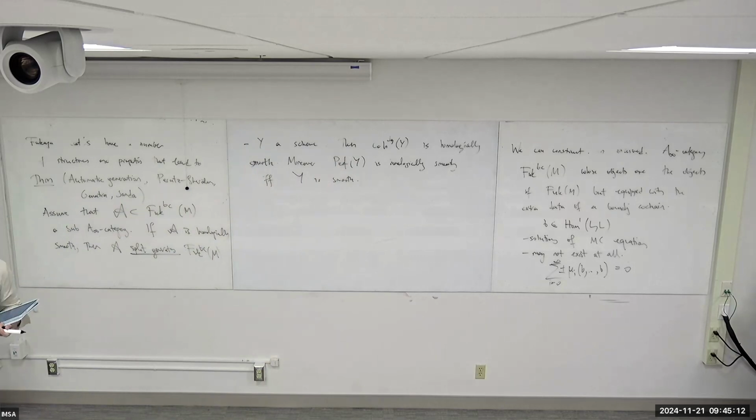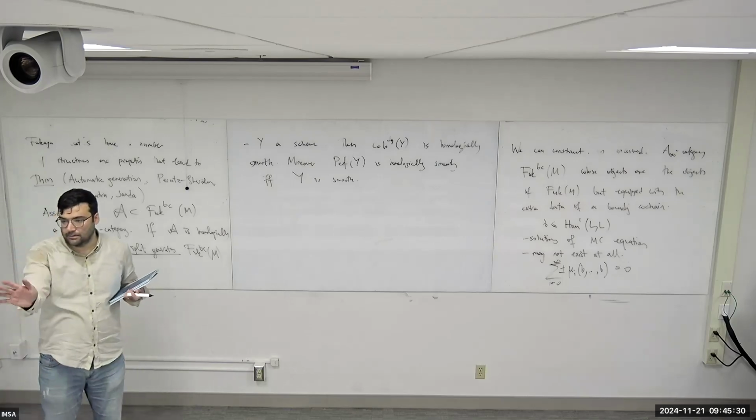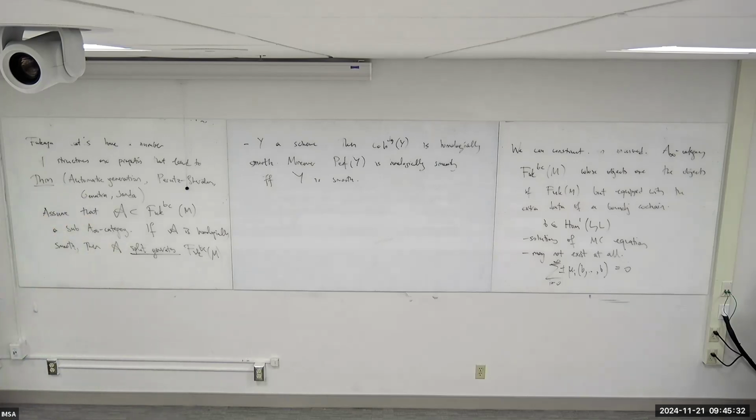And it's known how to modify perf Y so it becomes homologically smooth for mild singularities. Again, it's a good question, and I can't give you a quick answer. It's a whole field, categories of singularities, and there are other people here who can.